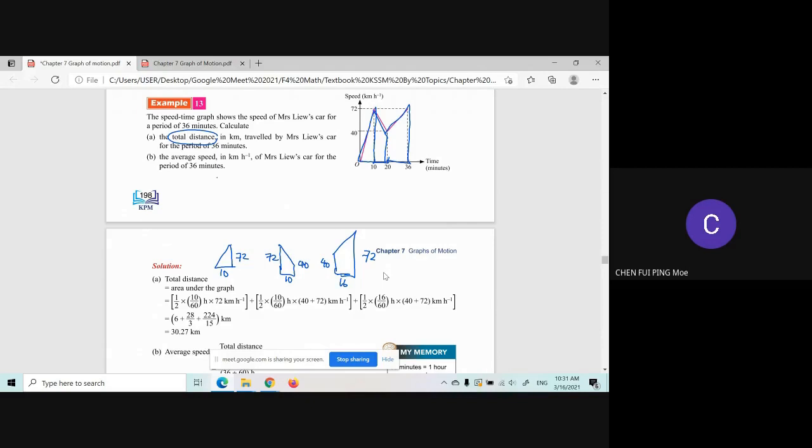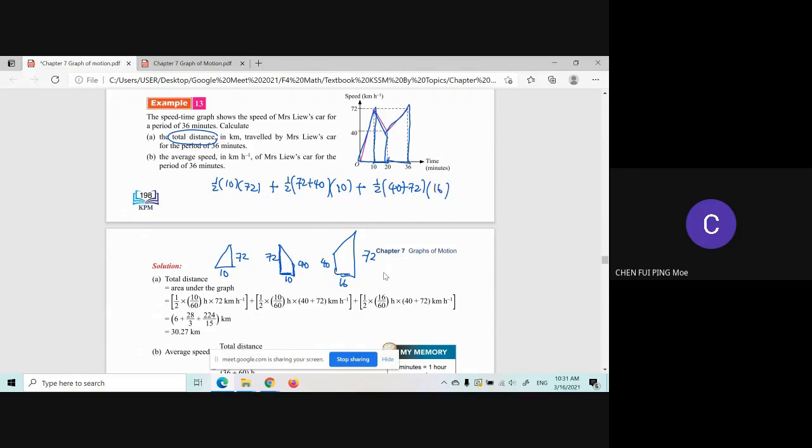This area will be 1 over 2 length times height, plus for this one 1 over 2 the parallel sides added together, 72 plus 40, then multiply the height 10, plus again this trapezium 1 over 2 40 plus 72, and then multiply the length 16.